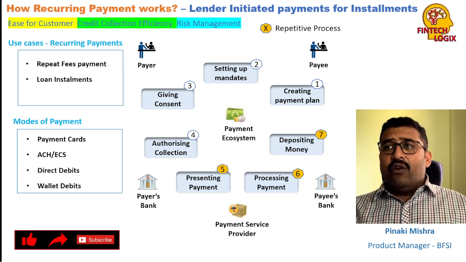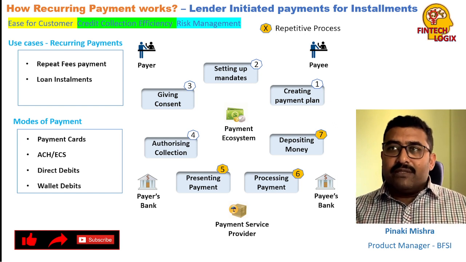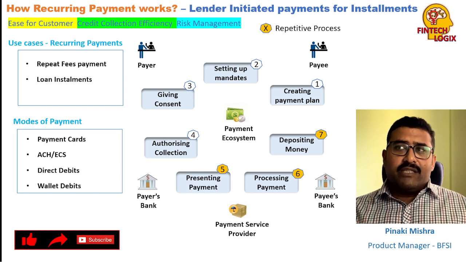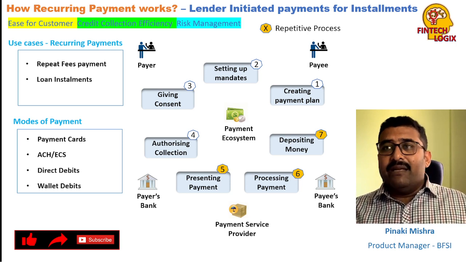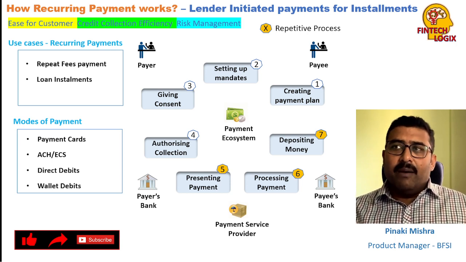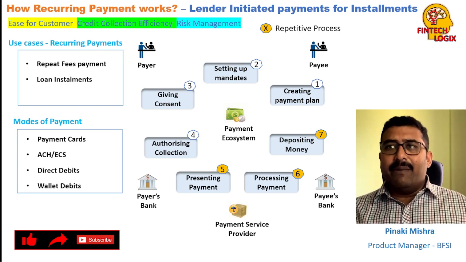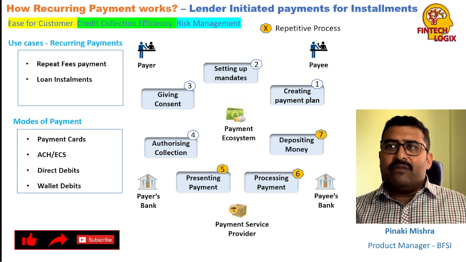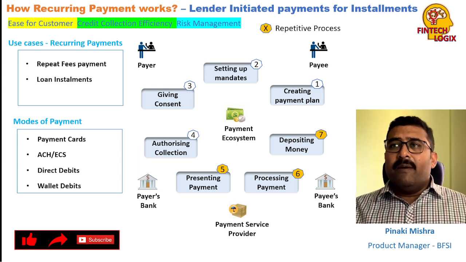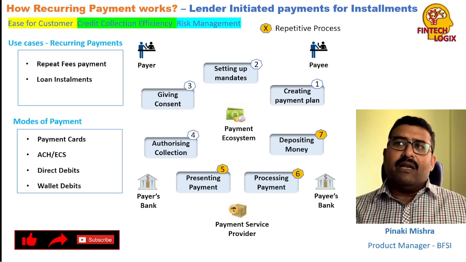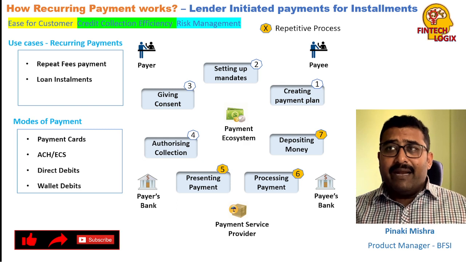These mandates are normally set up with a higher amount than your installment in order to adjust for changes in the installment amount if need be. Normally that scenario does not come, but if it does, it can be taken care of in case there are multiple dues pending. So normally around 5 to 10 times more than your normal monthly or periodic payment amount is set up as the mandate amount.